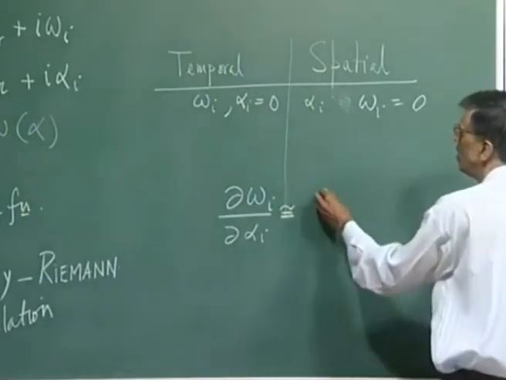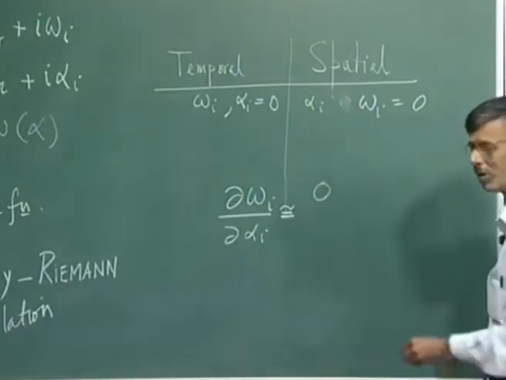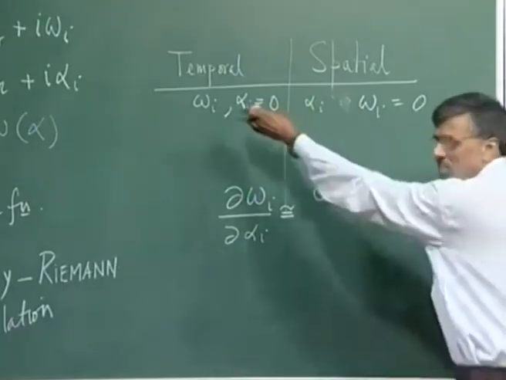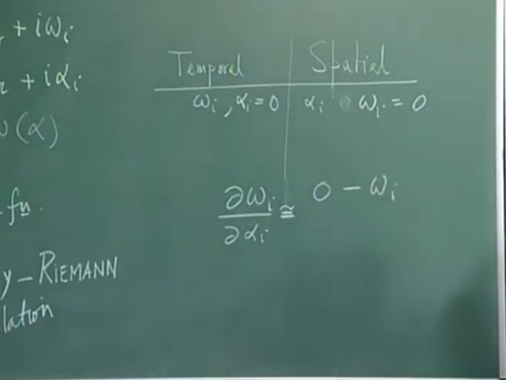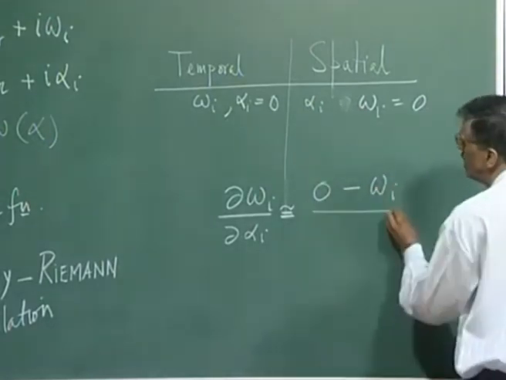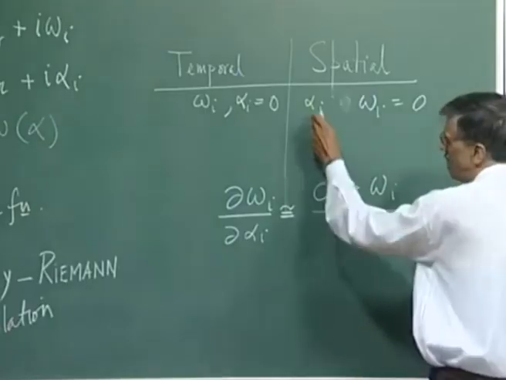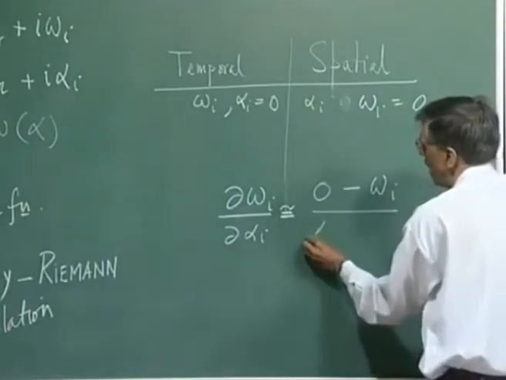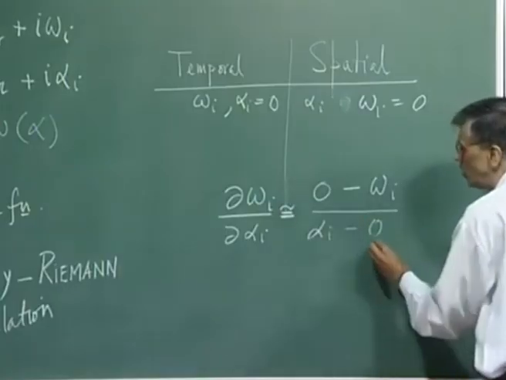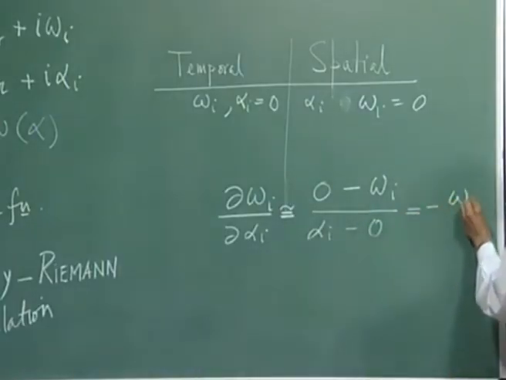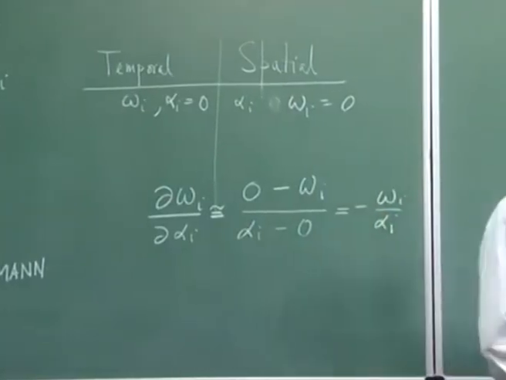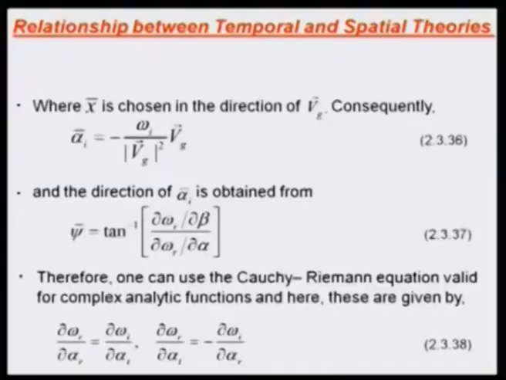Omega final is 0. What is omega I initial? It is the omega I itself, right? And then the final alpha I is 0 and the initial is alpha I. So, what I get is nothing but omega I by alpha I. Well, of course, this is an approximation for the derivative.